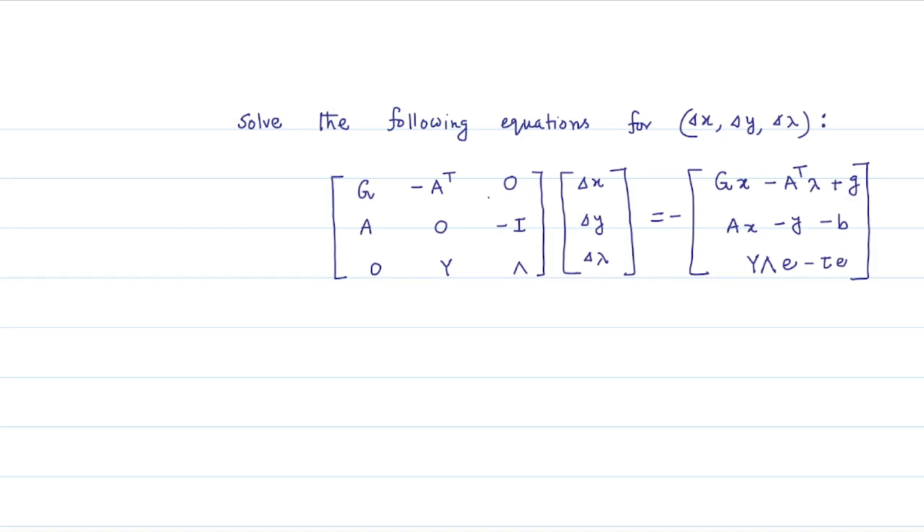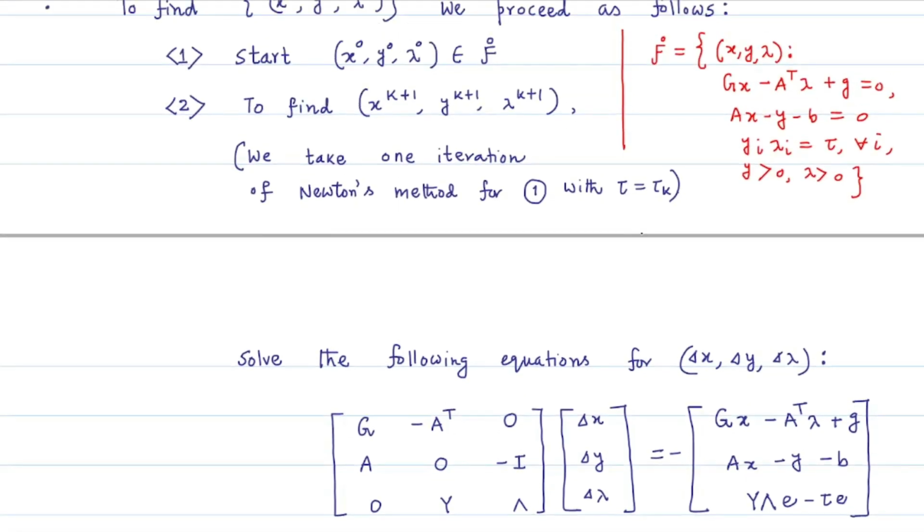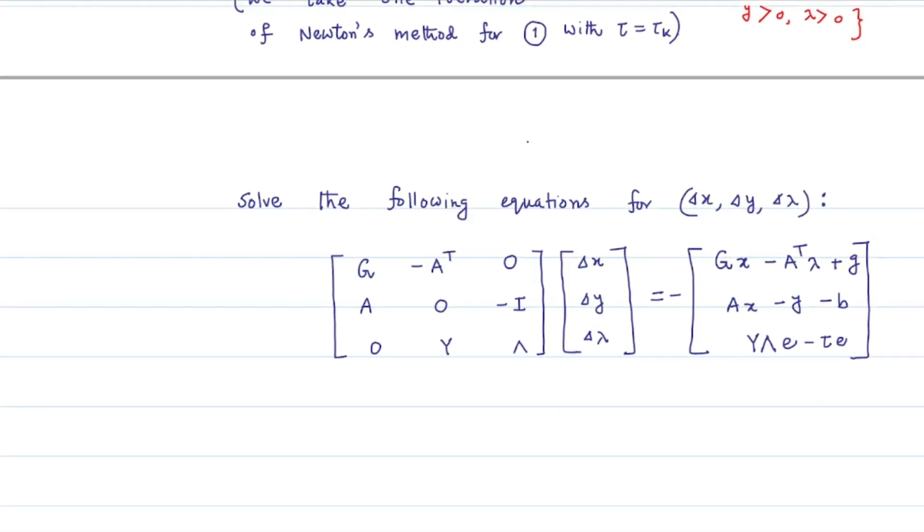We need to solve this equation at the point xk, yk, lambda k to find the next iterative point xk plus 1, yk plus 1, lambda k plus 1. That means you go for plugging in here the values of y at yk, lambda at lambda k, x at xk.